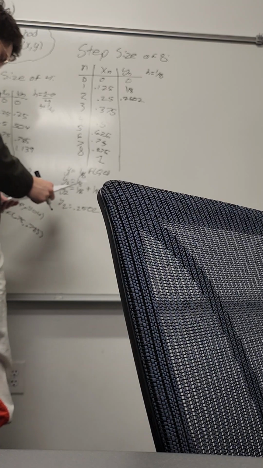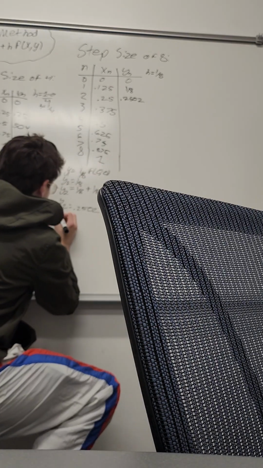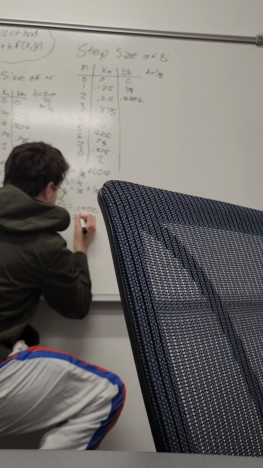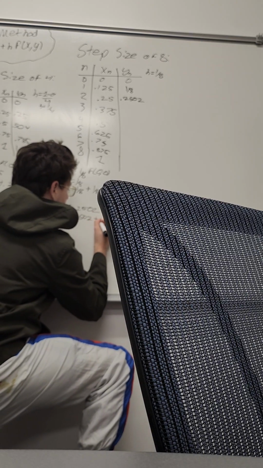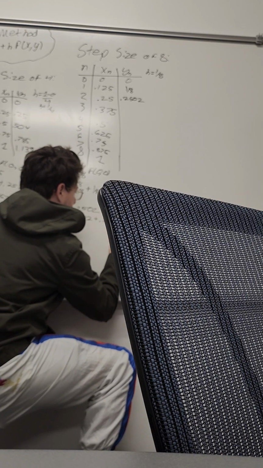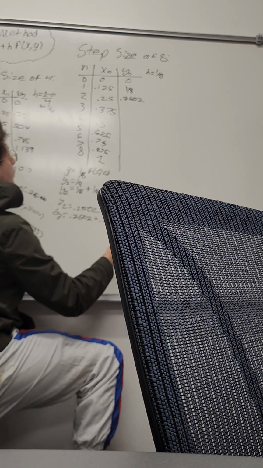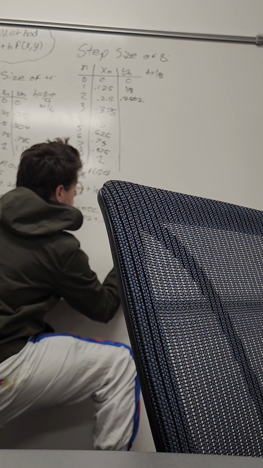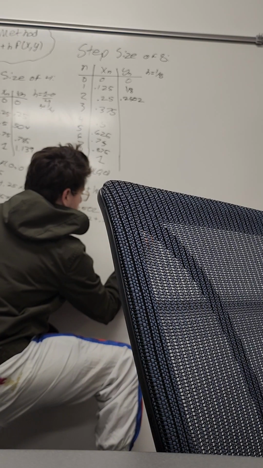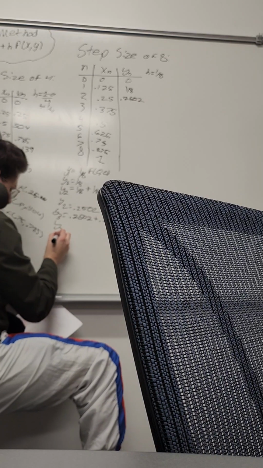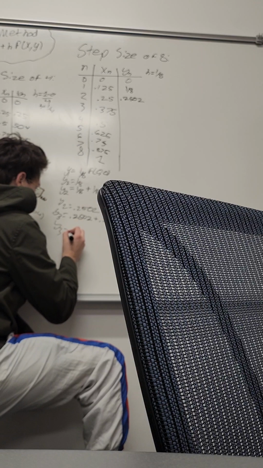All right. And then going from the next point, 0.2502 plus 0.125 times f at 0.25, 0.2502, and that gives me 0.377.